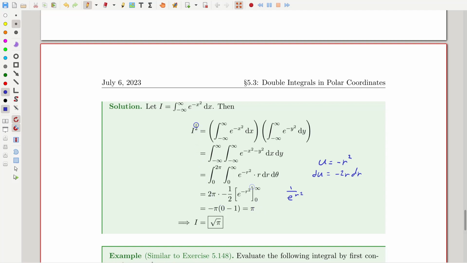And what did we actually just compute? We computed I squared. So we found that by squaring the problem, we were able to calculate this double integral, and we got the value pi. So that means that the original integral is actually the value square root of pi.